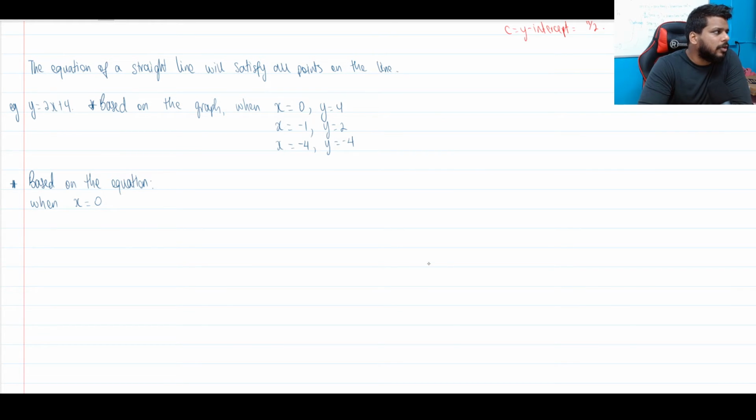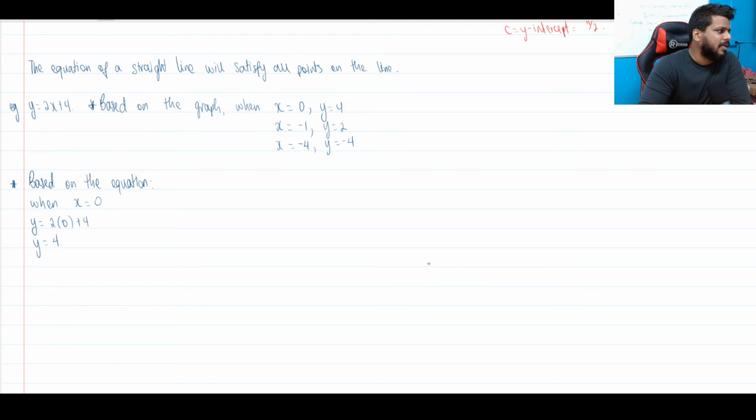So I will put x is 0. Y is equal to 2x, which is 0, plus 4. I got y is equal to 4. So based on the graph, when x is 0, y is 4. Based on the equation, when x is 0, y is 4.